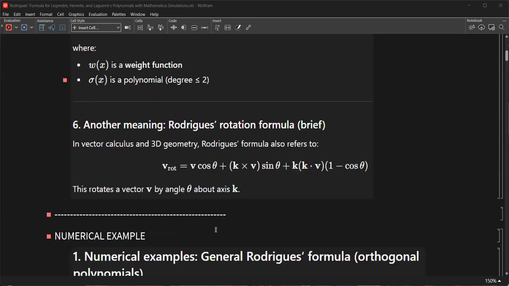Now we have another meaning of Rodrigues formula. There is also a version for rotation. In vector calculus and 3D geometry, the Rodrigues rotation formula refers to these equations.